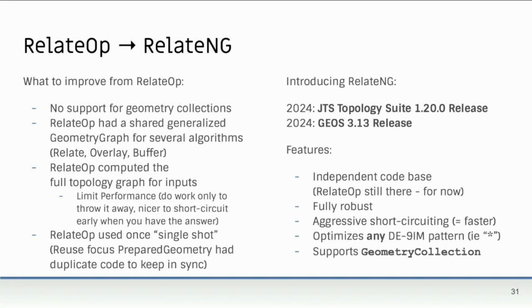And Martin's been able to accomplish that with the RelateNG function. So this is a new change that's available in JTS, and it's also available in GEOS in 2024. And this should considerably lower the amount of CPU cycles burned, lowering the environmental footprint of all of our GIS industry. So it's amazing this one project has so much reach.